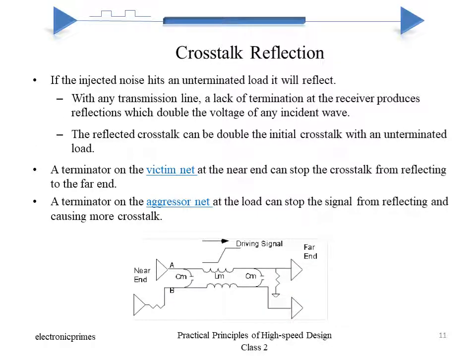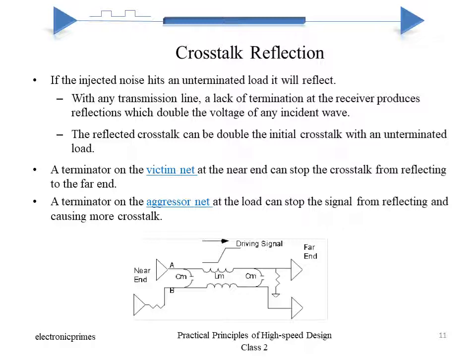Crosstalk reflections. If the injected noise hits an unterminated load, it will reflect. With any transmission line, a lack of termination at the receivers produces reflections, which would double the voltage of any incident signal. So the reflected crosstalk can be double the initial crosstalk with an unterminated load.